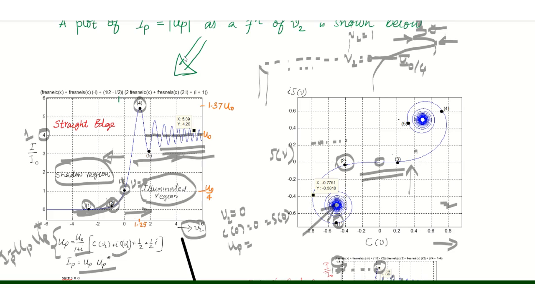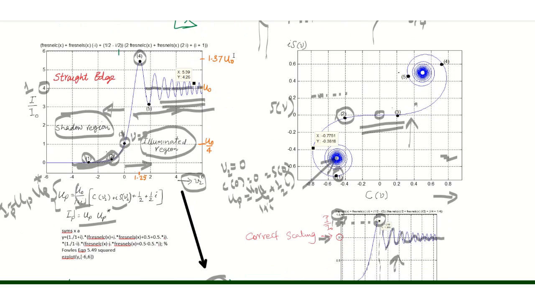At the point P, that is half plus half I times U0 over 1 plus I. What will you get? That is U0 over 2, that is half the amplitude or a quarter of the intensity.